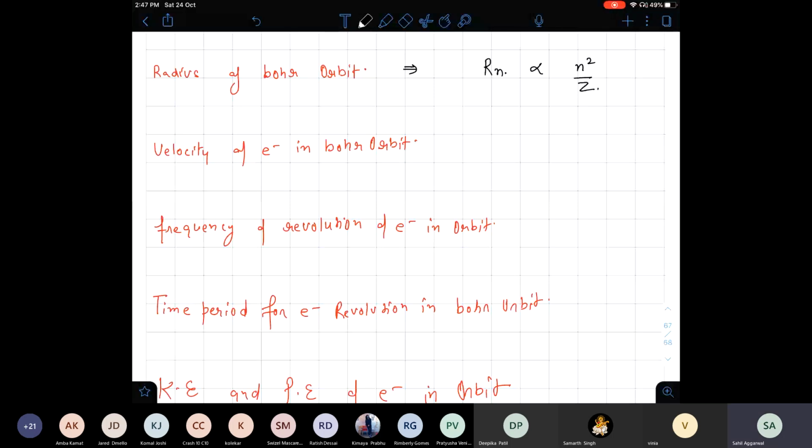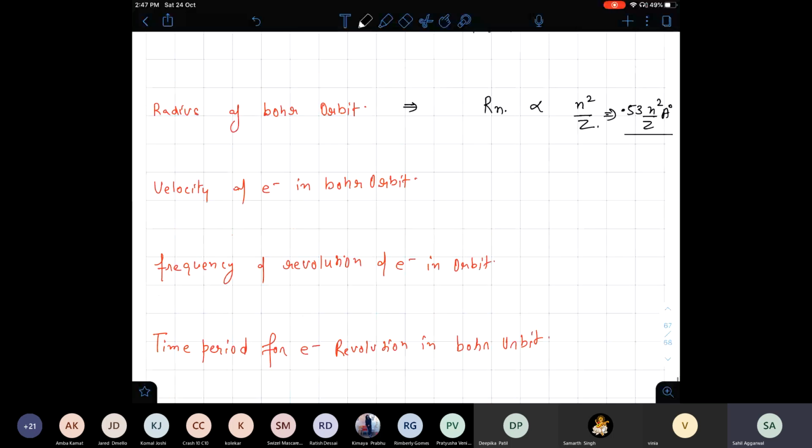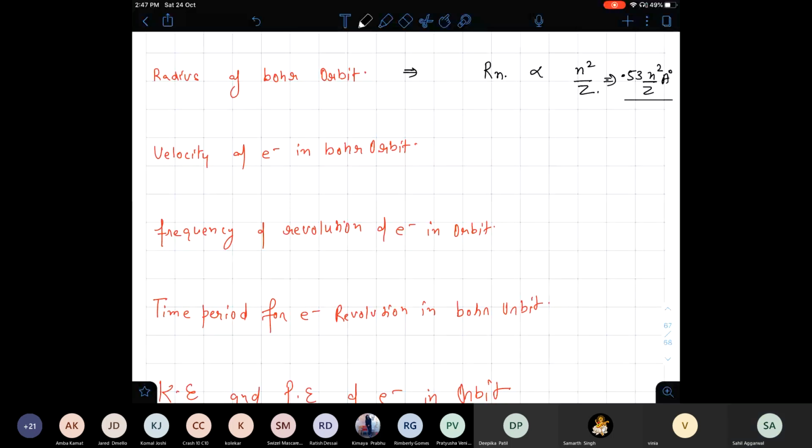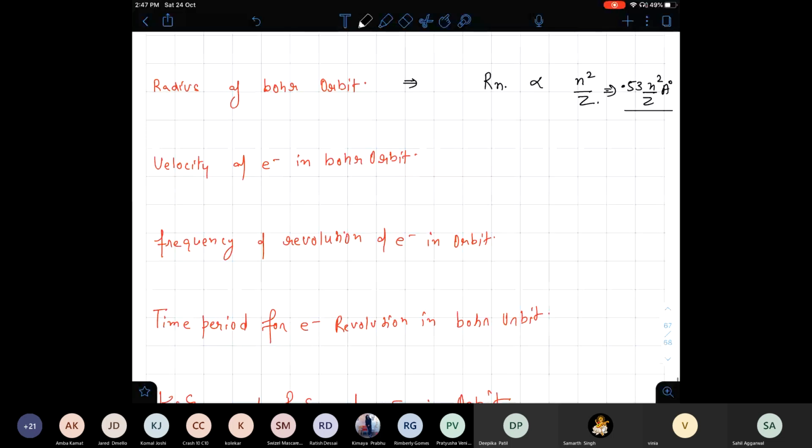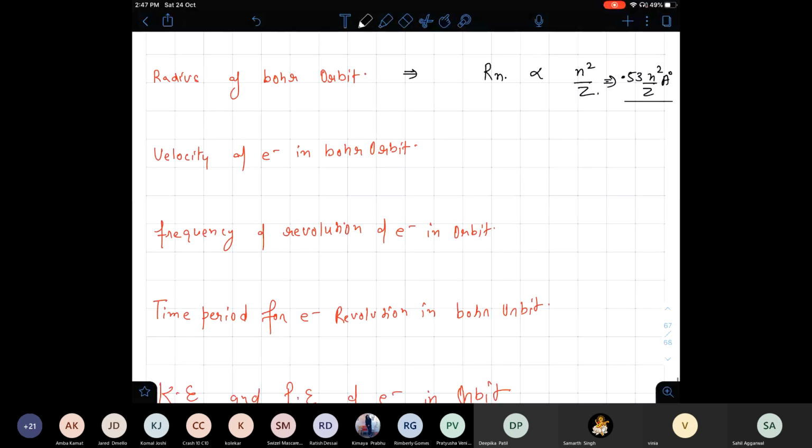The radius of any orbit is directly proportional to n square by z with a constant 0.53 n square by z angstrom. 0.53 n square by z angstrom. Okay.